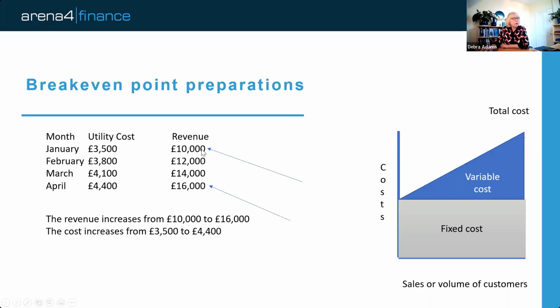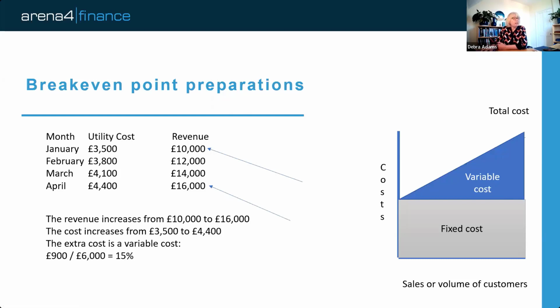And the idea is if you have a wider range, you get better accuracy in your calculations rather than just using the difference, say, between January and February. And so then what we do is look at that additional cost, which was 900, divided by the additional revenue, which was 6,000. And if I turn that into a percentage, it's 15%.